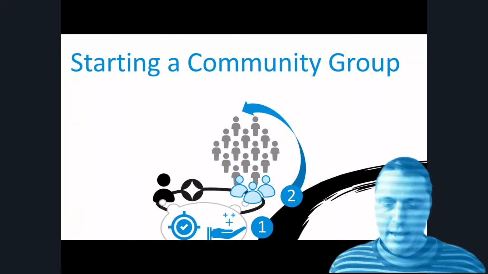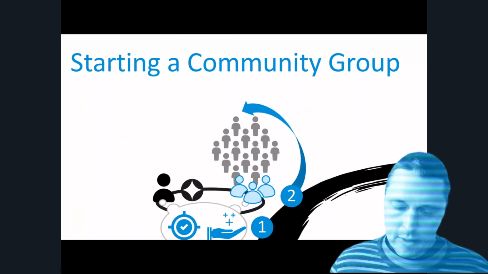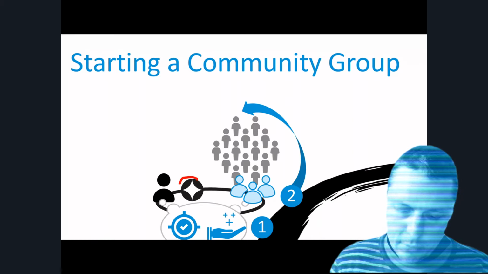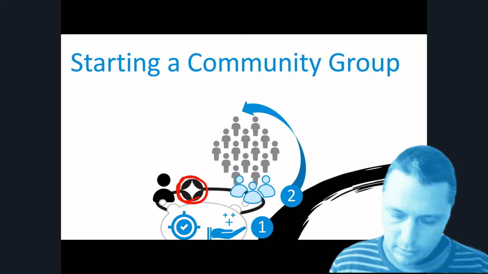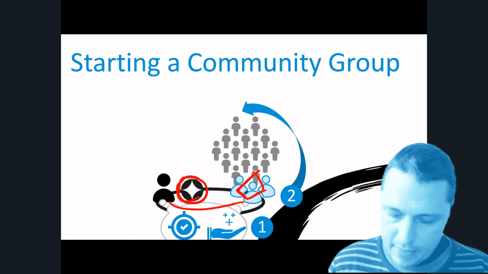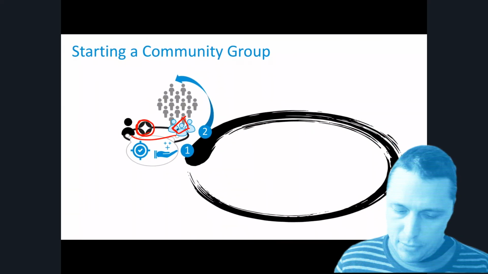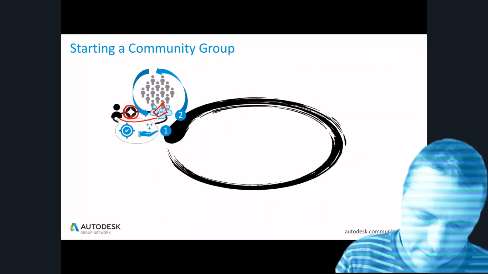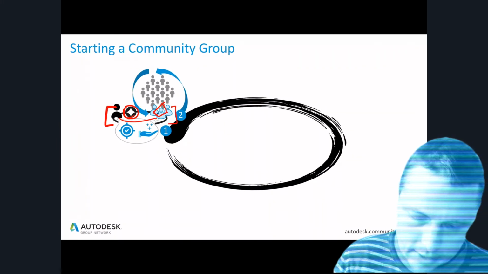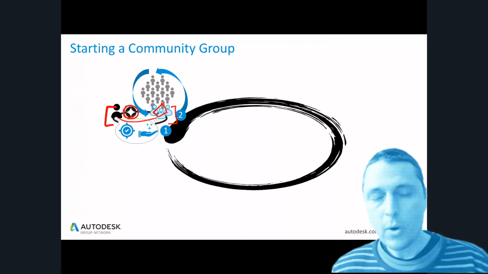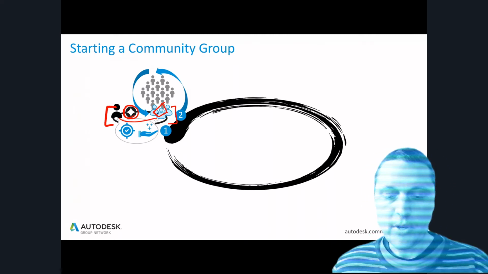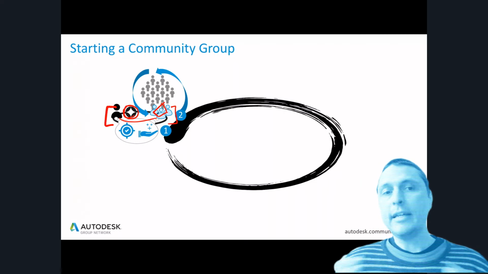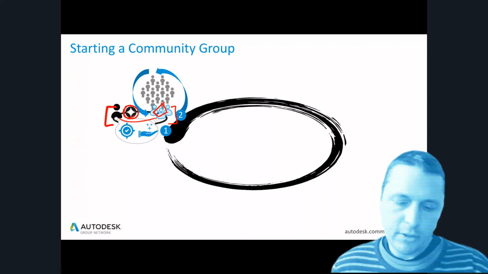And as you do that, you will further refine your ideas. You'll start to create relationships. And through that process, you will be bringing people in and sort of creating, hopefully, a little cohort of folks that can help start this group with you, either as leaders or first members of the group.